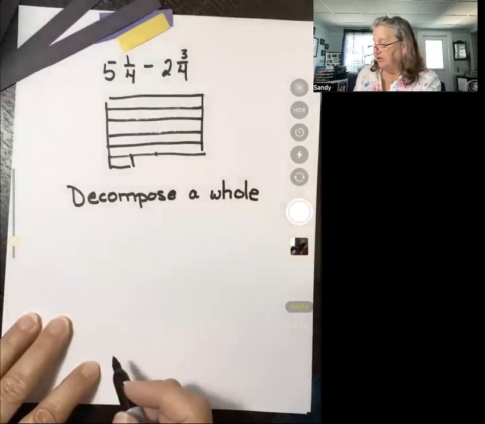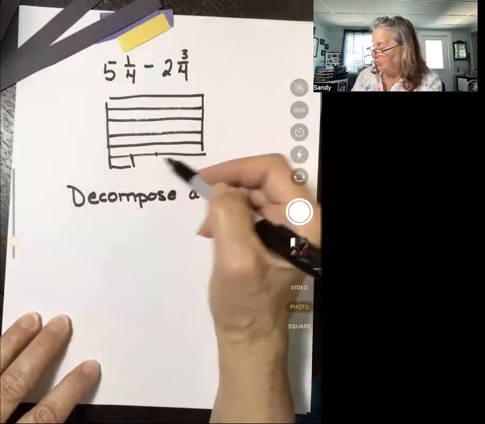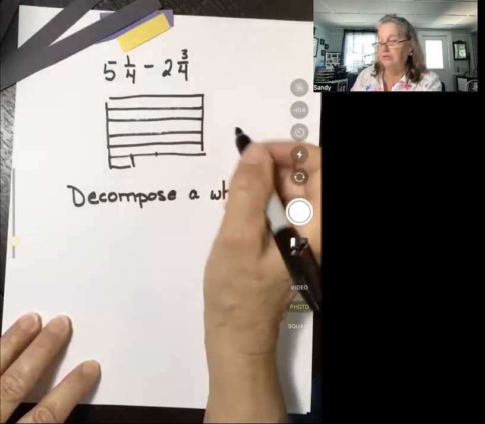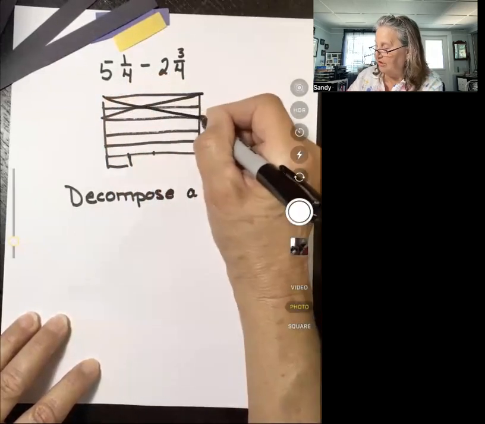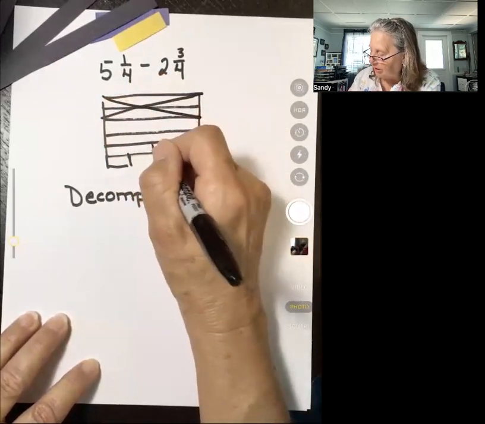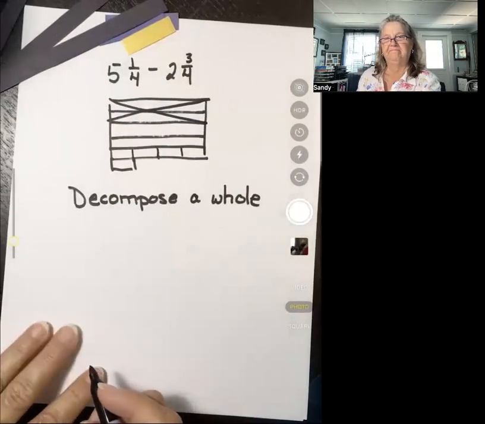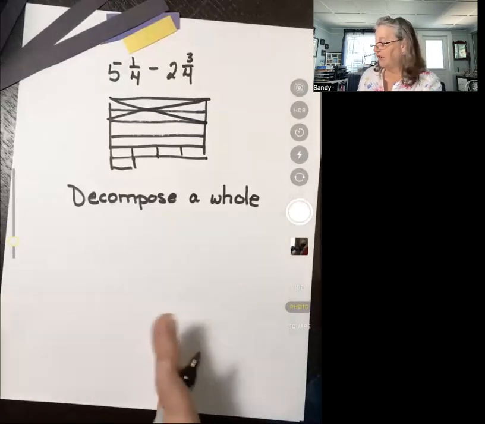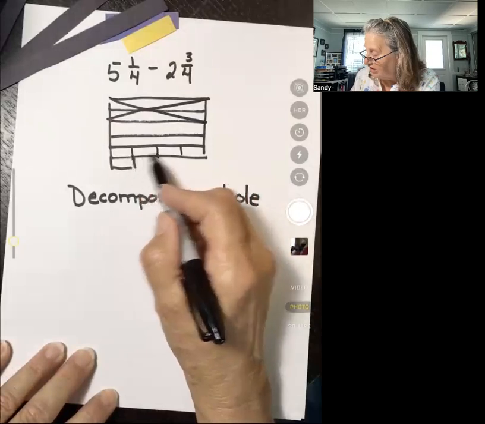So what I'm going to do is I need to remove 2 holes. Doesn't matter which of these I remove. I'm just going to remove the top ones again. I remove 2 holes, and then I'm going to decompose one of the holes into 4 1/4 pieces. Now I'm ready to remove 3 of them. So I could remove these 3.